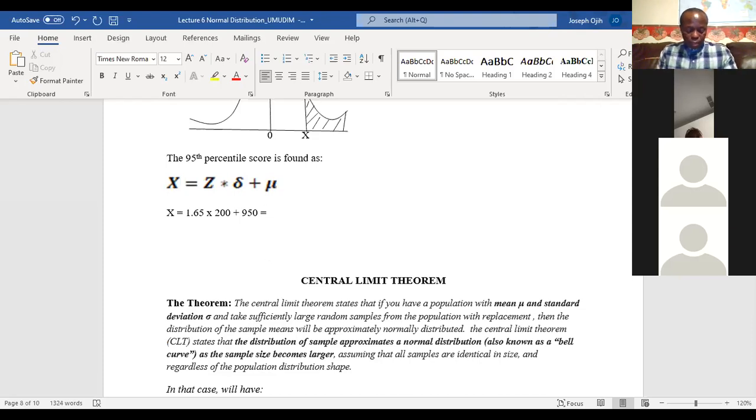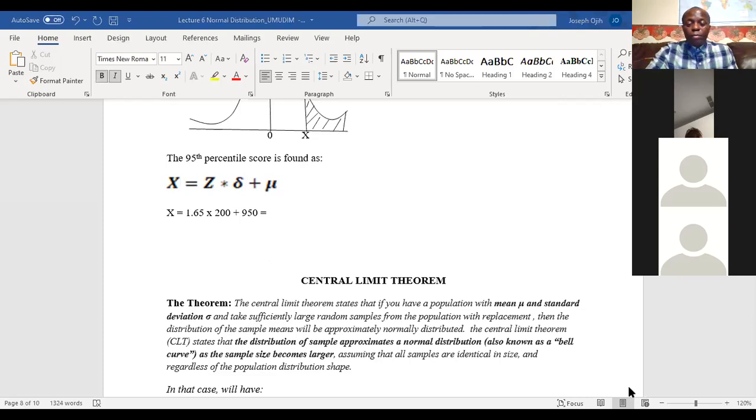We got 1.65 times standard deviation of 200 plus mean of 950. So I'm going to put this in the calculator.